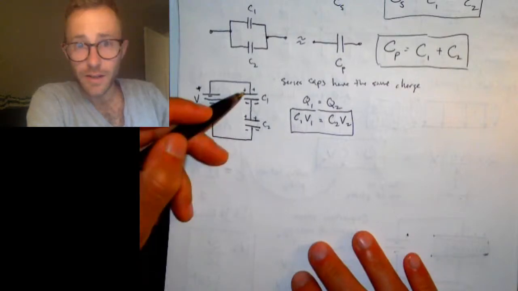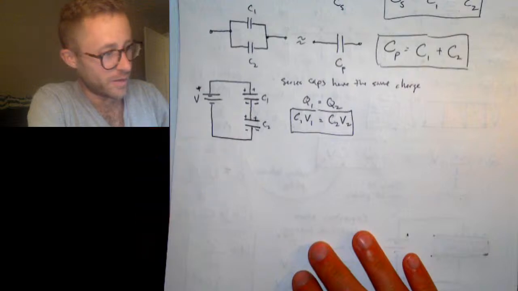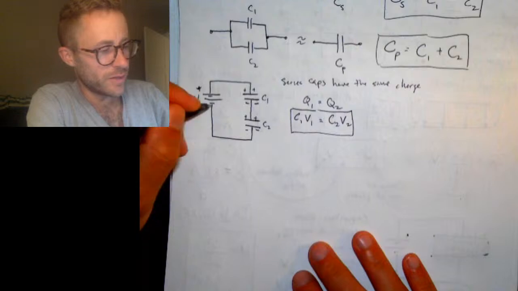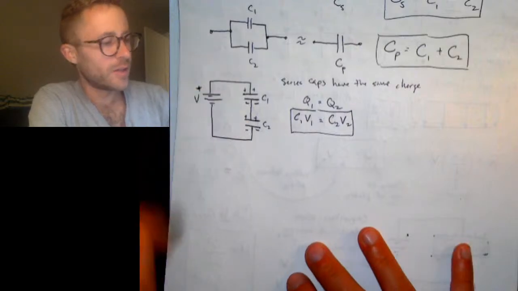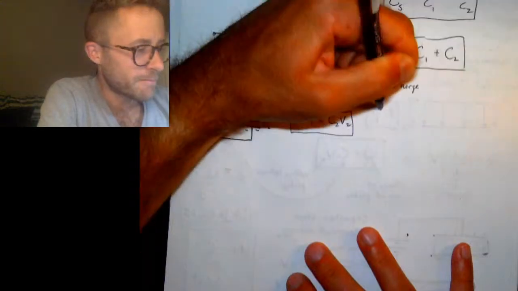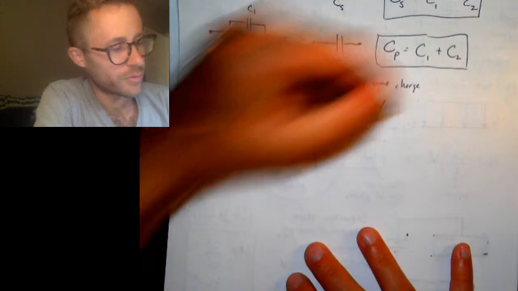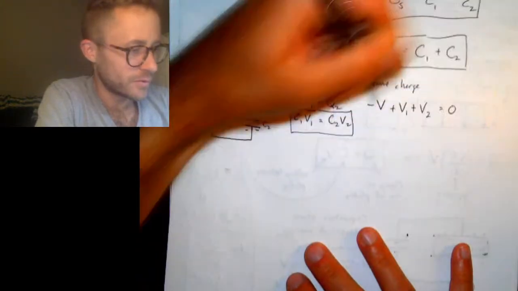And again, I have the positive and negative terminals labeled already. So if I go around this loop, I hit the negative terminal and then the positive terminal and then the positive terminal. So that means that negative V plus V1 plus V2 has to equal 0.